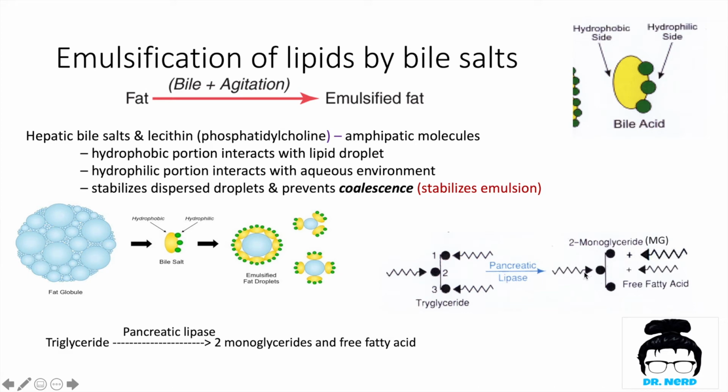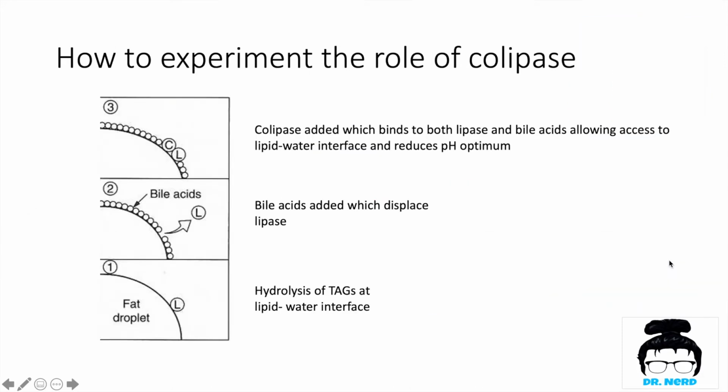Now, how to experiment the role of colipases. First, you have a fat droplet and you add to it lipase. The lipase will attach to the fat droplet. But then when you come to emulsify this fat droplet by the addition of bile acids, the bile acid is going to displace the lipase.